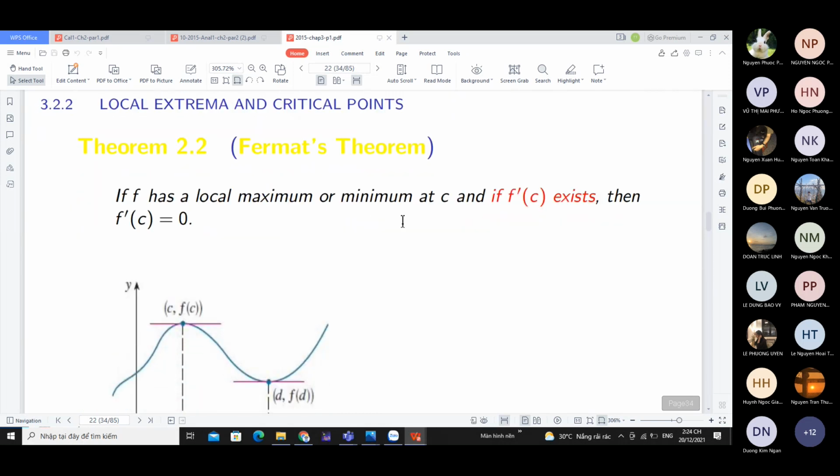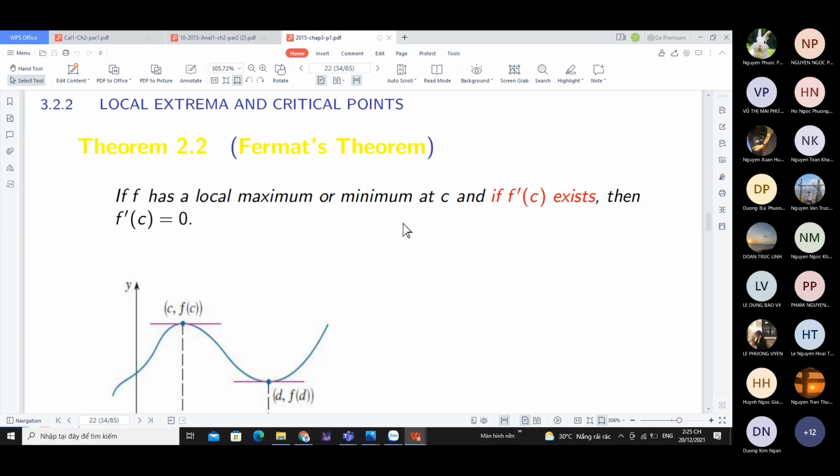All right. Now we go to a very, very important theorem, with very important properties of maximum and minimum values of a function. This theorem says that if the function f has a local maximum or a local minimum at c, and f prime of c exists, then f prime of c must be 0.